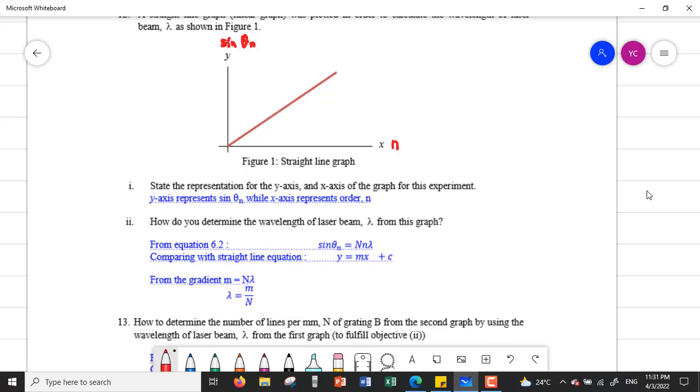By comparing it with the straight line equation, y equal to mx plus c, we know that our y-axis is sine theta, our x-axis is n, so our gradient will be represented by n lambda. So we rearrange for the wavelength: lambda will be the gradient divided by n, the number of slits.